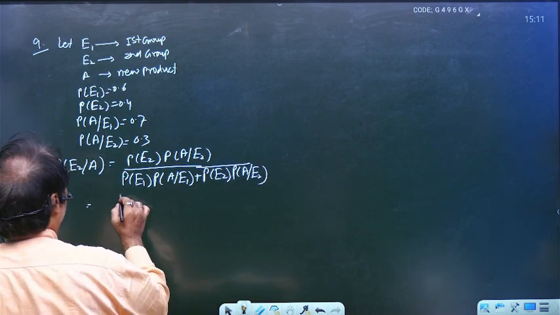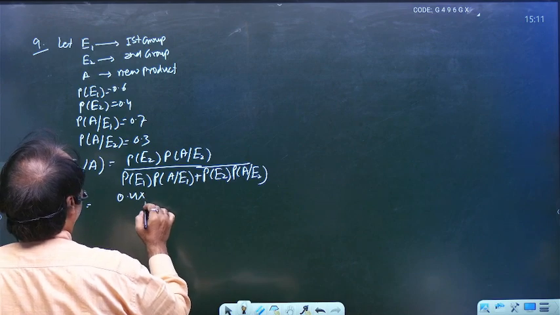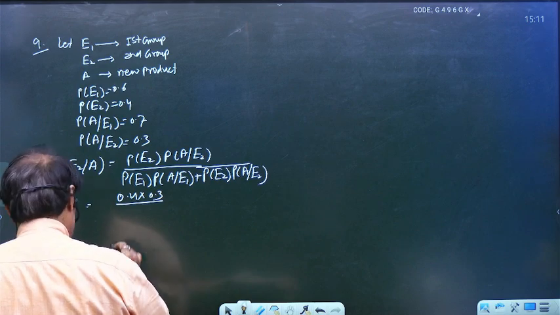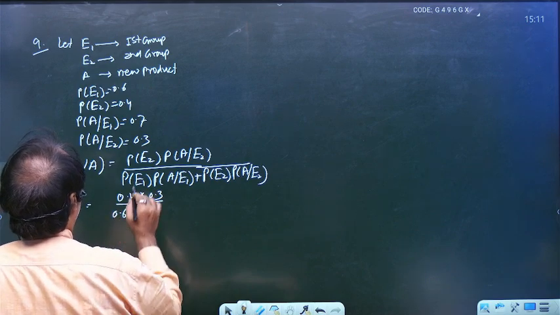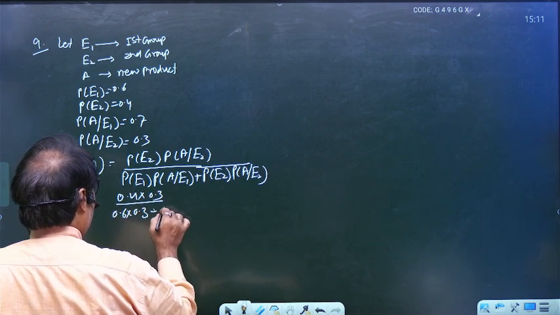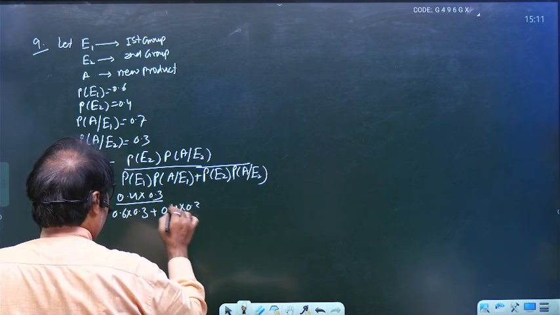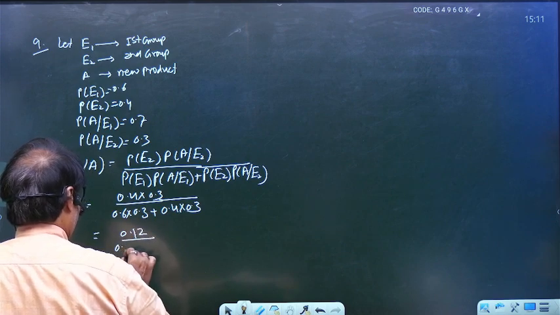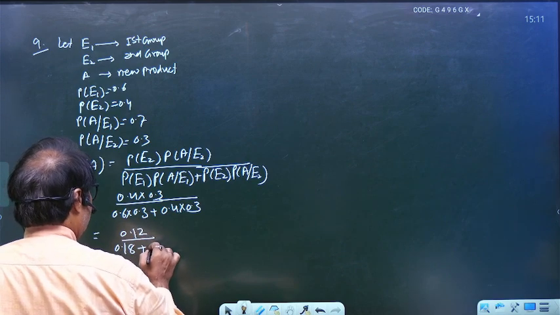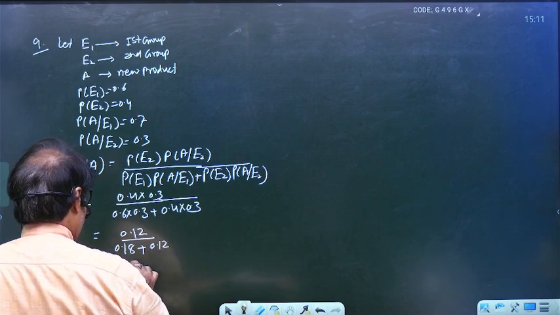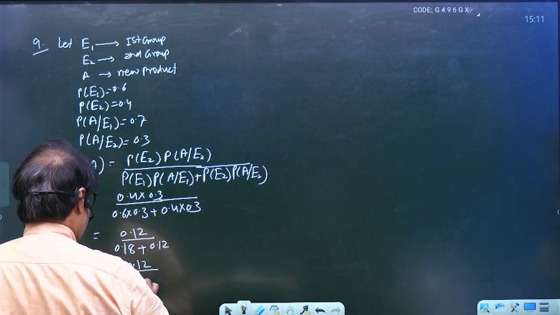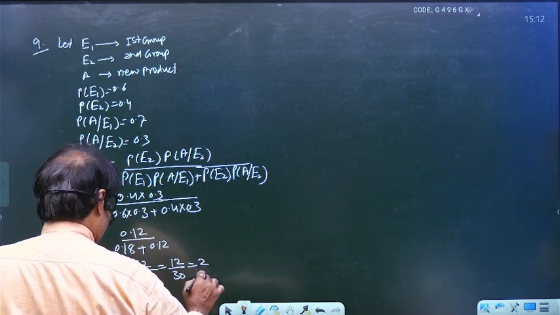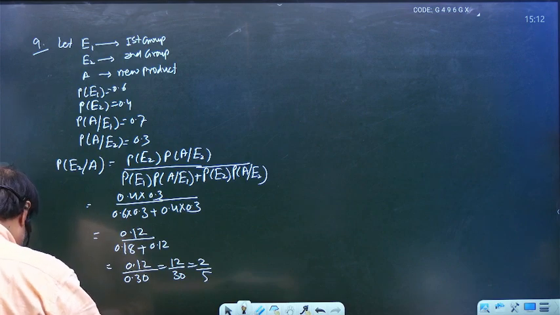So this is 0.4 into 0.3, then E1 0.6 and A by E1 0.3, and 0.4 into 0.3, so this is 0.12 and 0.18, and 0.12 divided by 0.30, so it is 12 by 30.